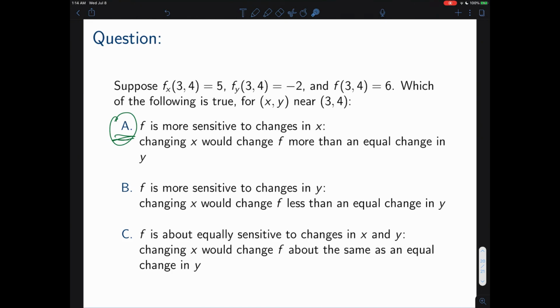So if running the experiment is very expensive or takes a long time, and you have to choose where to devote your resources, say, just hypothetically, you could spend your money to measure y more precisely, or you could spend your money to measure x more precisely. Which one is worthwhile? Well, because of the sensitivity in x, if you can get the value of x more precisely, that's going to make 5 times as much difference to the value of f.